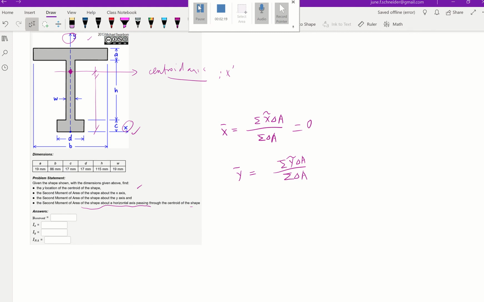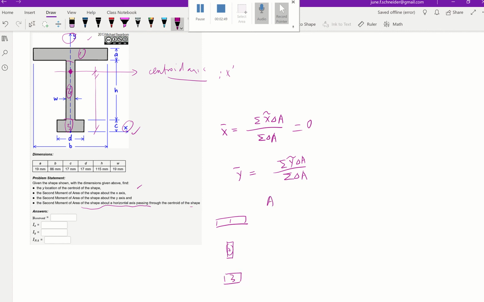For this, we're going to look at those three different shapes, which I'll call shape 1, 2, and 3. Then we have our shape 1 and 2, and then we have our 3.